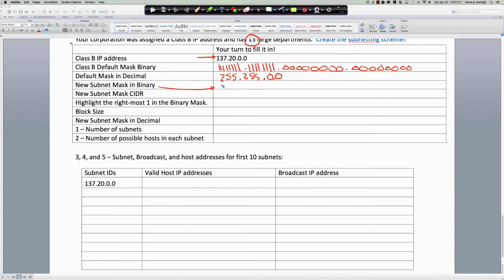So in binary, we know we're going to need 13 subnets, right? So we know we can't get 13 exactly, but that's okay. What's the closest we can get? Well, 2 to the 1 is 2. 2 to the 2 is 4. 2 to the 3 is 8. 2 to the 4 is going to put me at 16.